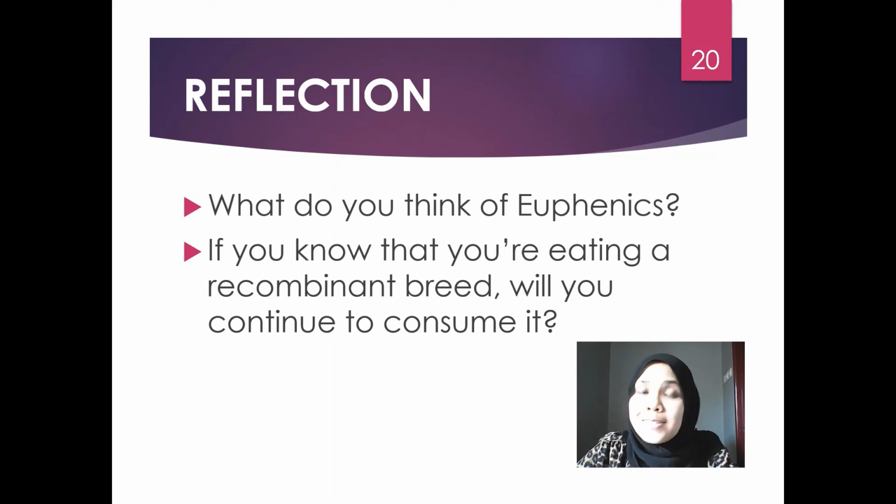Will you feel safe to eat recombinant cereal or something? Because maybe you don't know. When you don't know, you just eat it, right? But if you know, how would you feel about it? Then that's something that we will discuss in the ethics section. Okay?